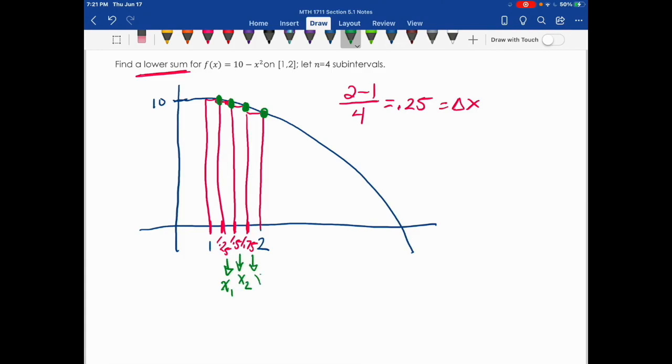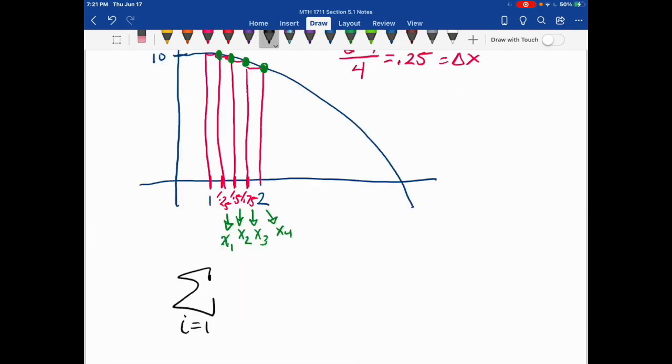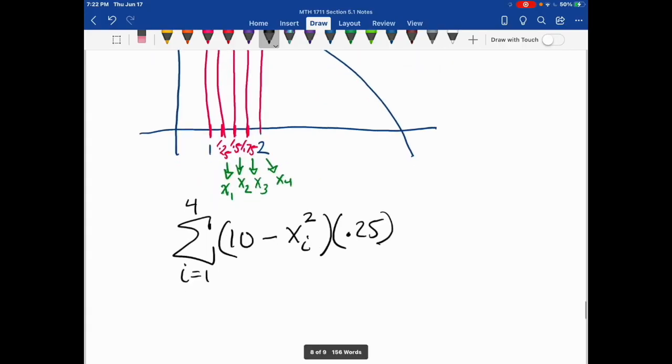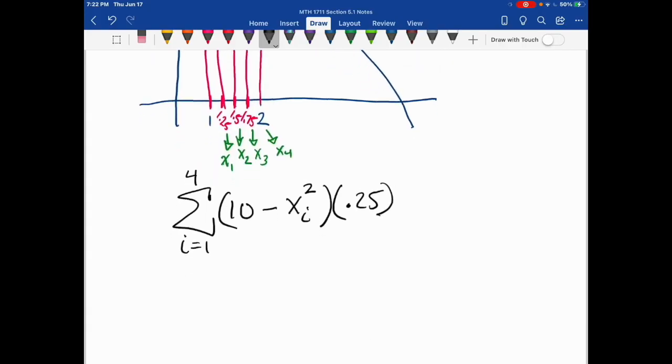here, and here. So now if we want to create a Riemann sum for this, we're going to write the sum from i equals 1 to 4, because we're doing 4 rectangles, of 10 minus xi squared, and we have to multiply that by the width of each rectangle, which is 0.25.